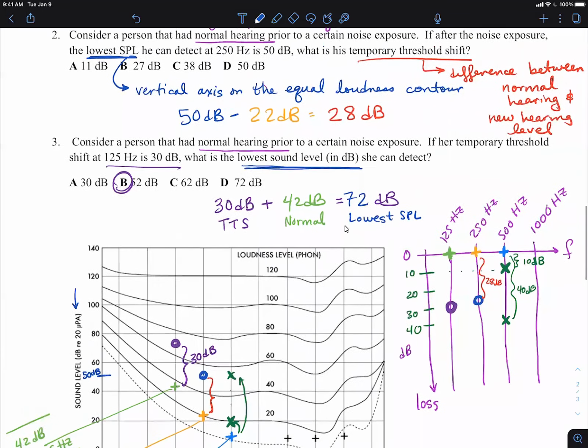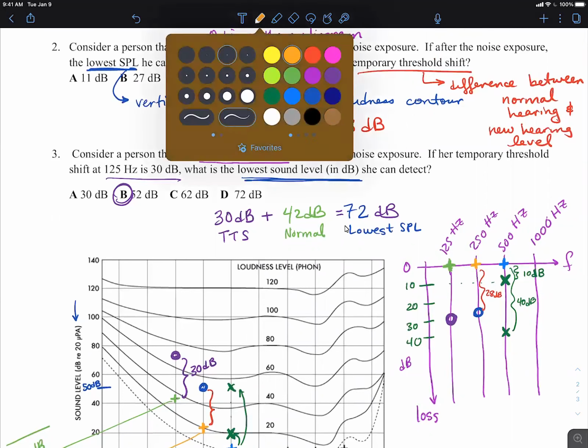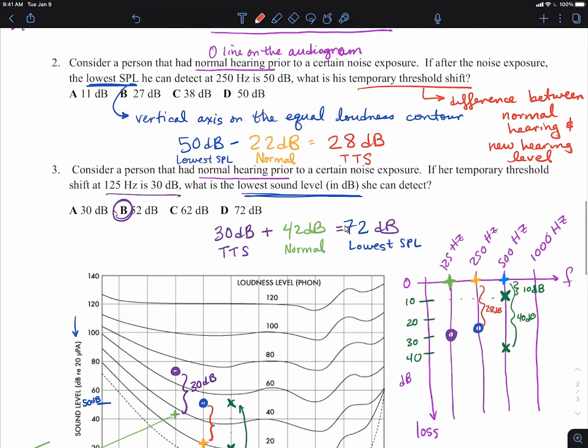Whereas in the one before, we were told the lowest SPL. We had the normal level where the plus was, and then we were calculating the temporary threshold shift. So you can go either way, backwards or forwards on those. Okay, well, I hope that is helpful. Thank you.